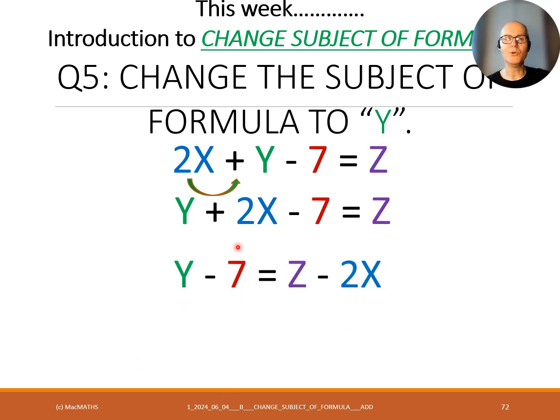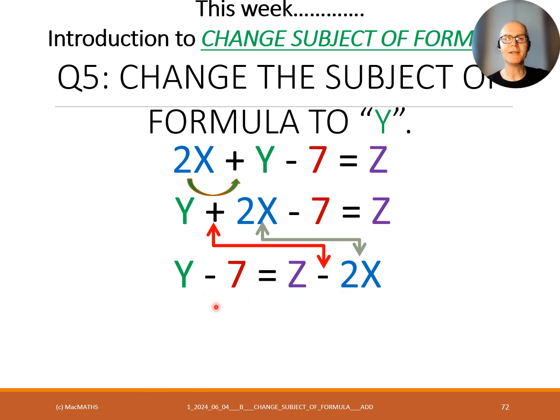Then we're going to move the 2x. So we're going to move adding 2x from one side to subtracting 2x on the other side. That leaves us with y minus 7 equals z minus 2 times x.